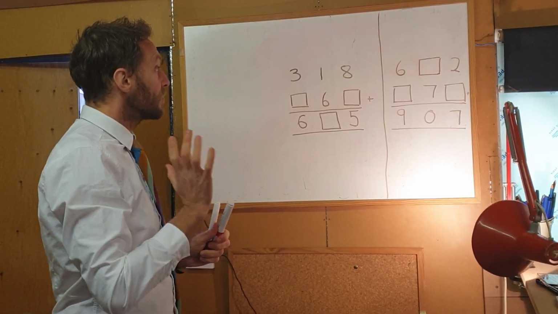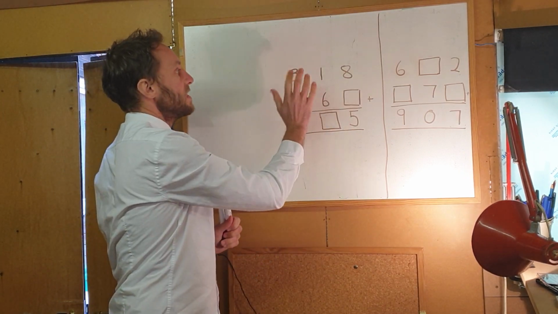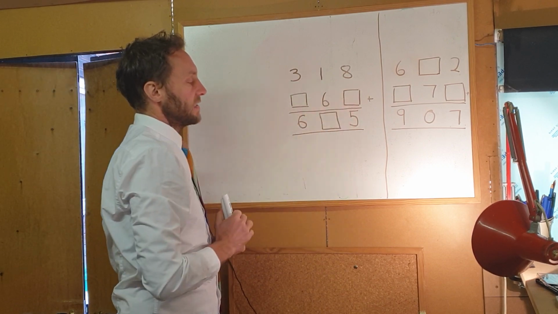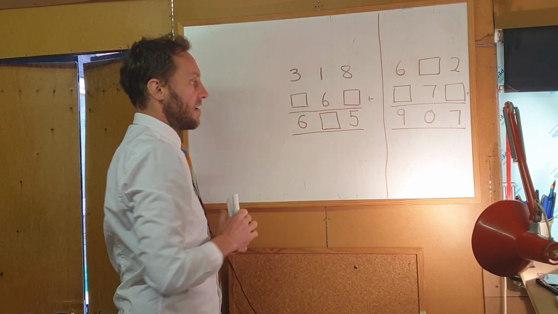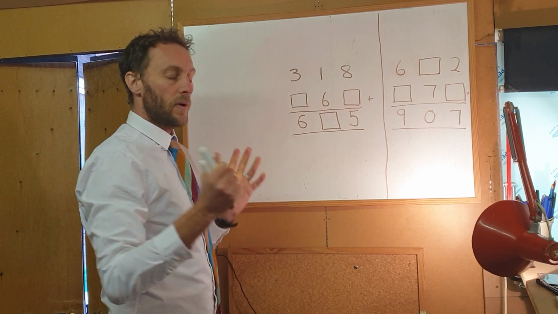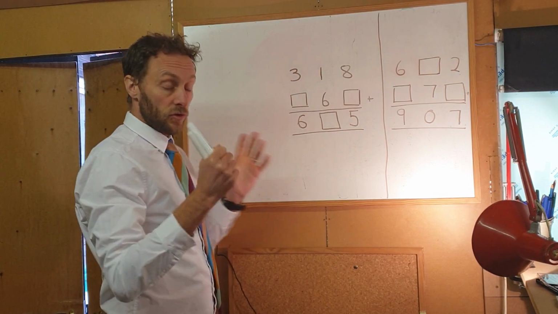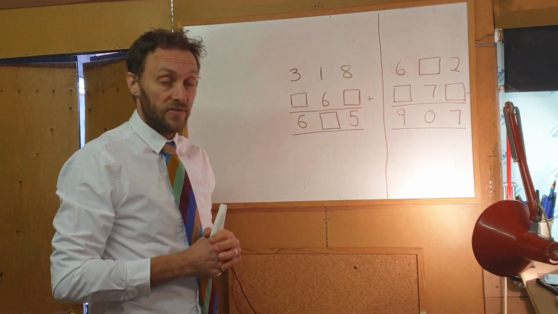Right. So I'm going to look at this problem first. So I've got 318 add something equals 600 something and 5. So the way that I would start to think about these problems is, as always with column addition, column subtraction, I'd start in the lowest value column.